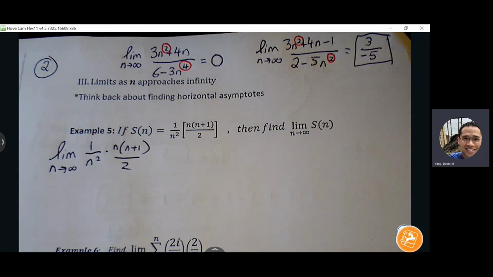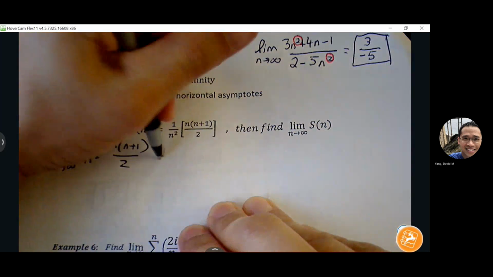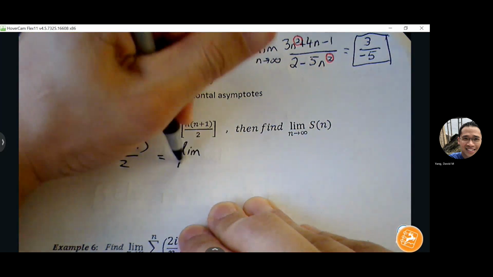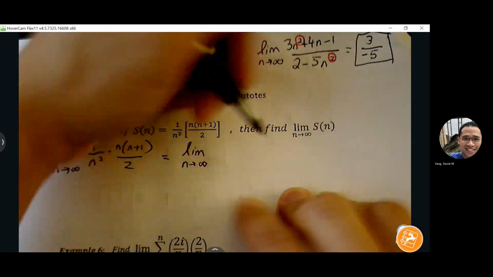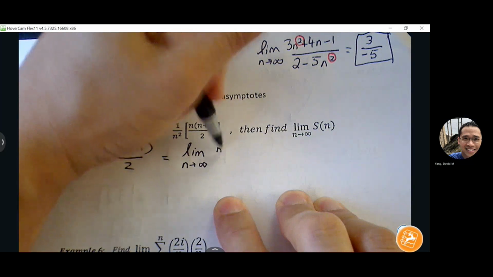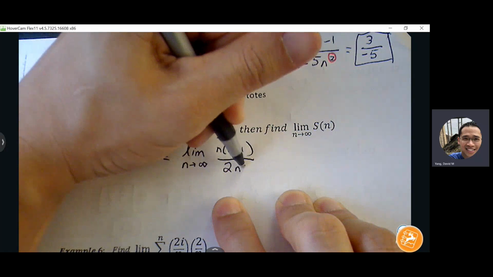Let me get all this under one fraction. I'll distribute the n through. Well, let me put it all under one fraction first.